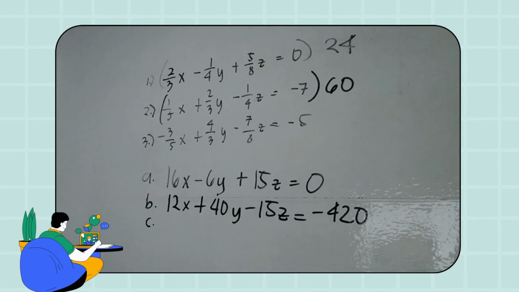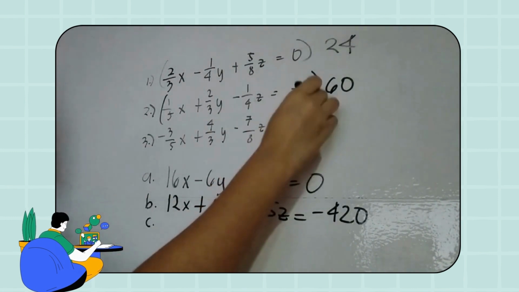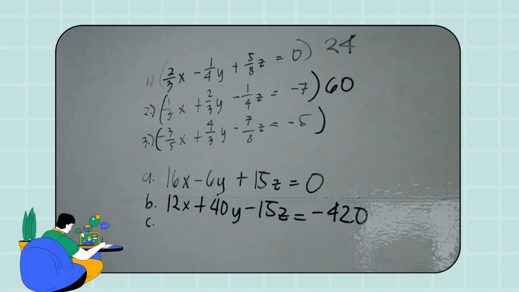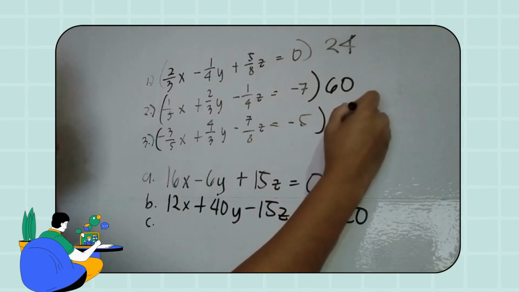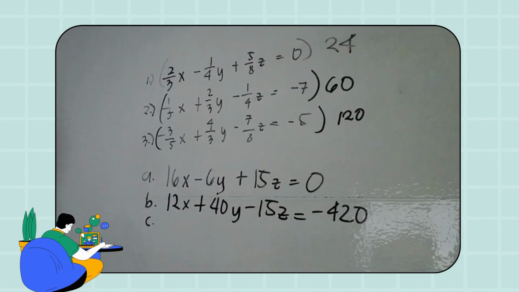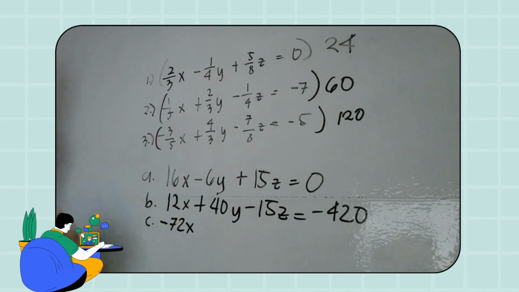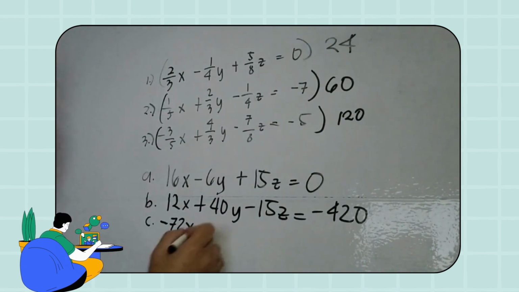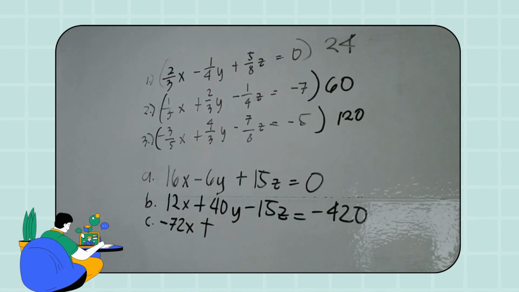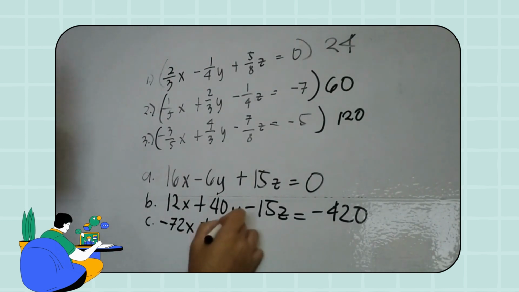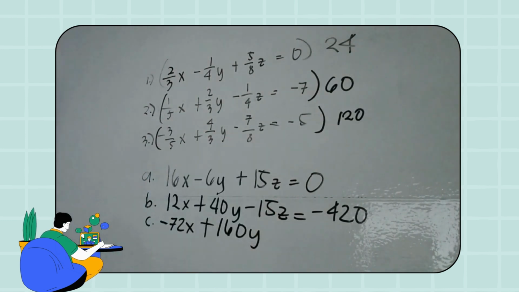Now let's label the simplified version of the third equation as C. So we have here as our common denominator 120. So 120 divided by 5 is 24, times negative 3, which is negative 72x, plus 120 divided by 3 is 40, times 4 is 160y.